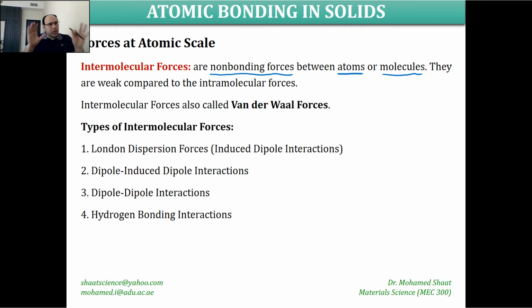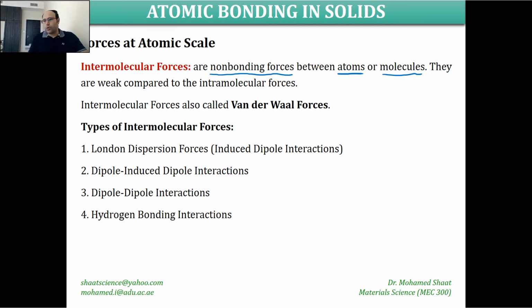So generally speaking, intermolecular forces are forces that generate between any two objects, whether atoms or molecules inside the material. Make sense? But the objective of this force is non-bonding. It means that there is no tendency of this force, or this force is too weak, to bond atoms or molecules together to form a material.